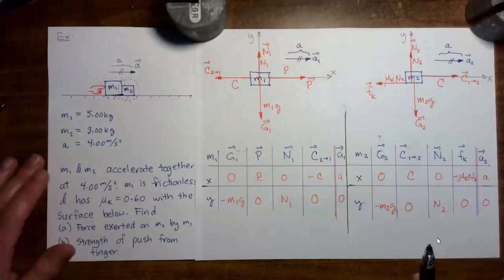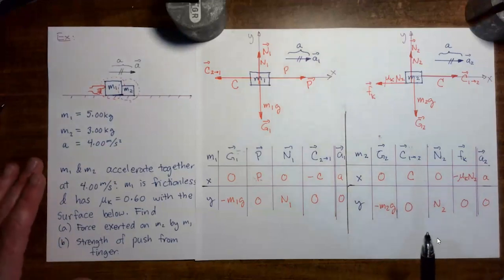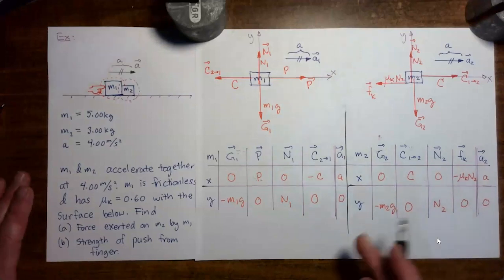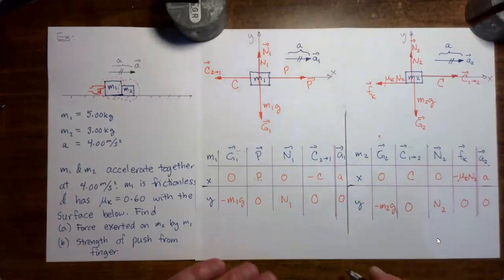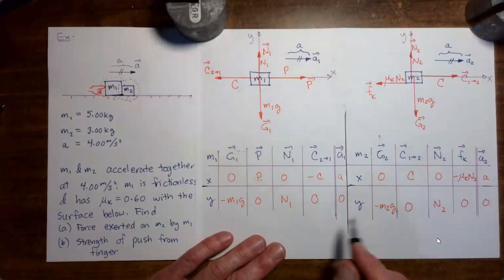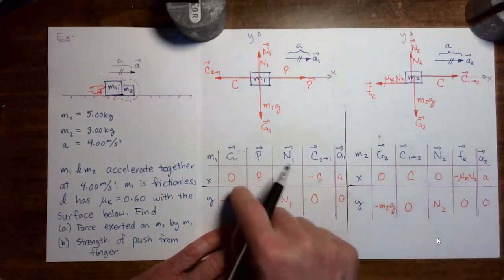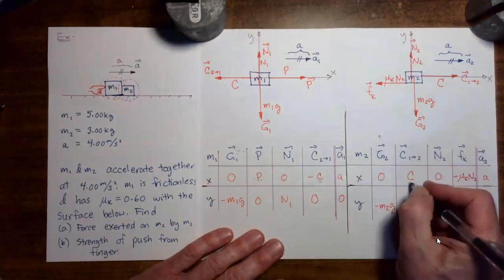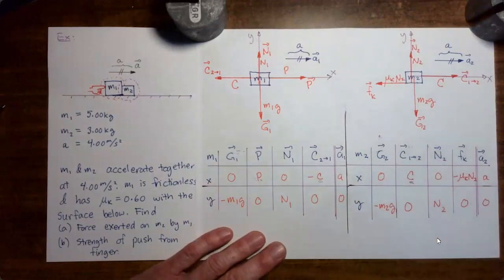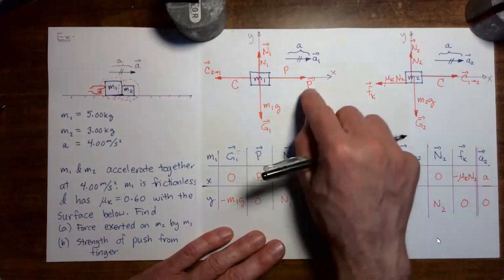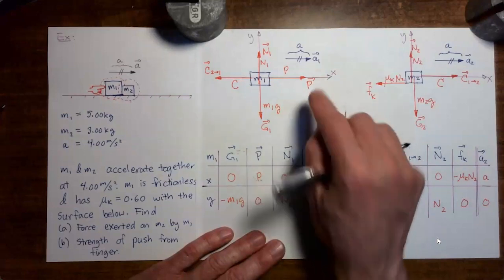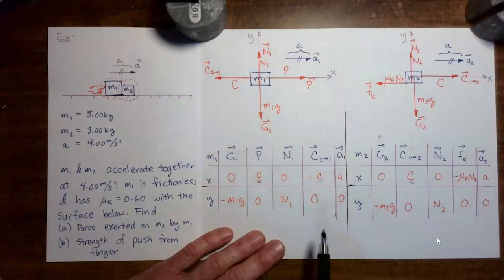So let's think a bit first about what we're trying to find and which equations we would need to find those things. So we're trying to find the strength of the contact force, right? So the strength of the contact force appears in the x equations for each of the masses. We're trying to find the strength of the push force from the finger, that's P, that appears over here.